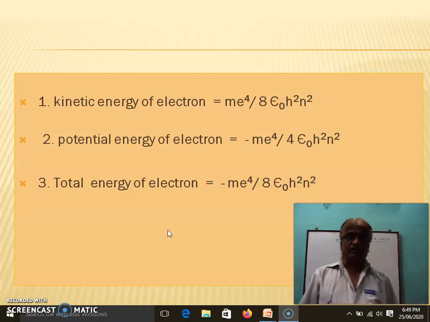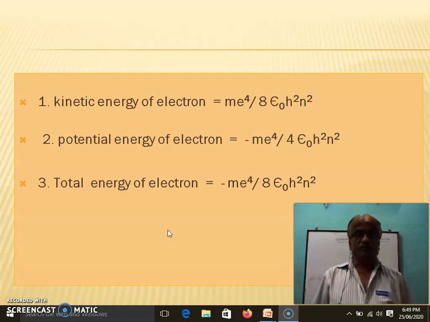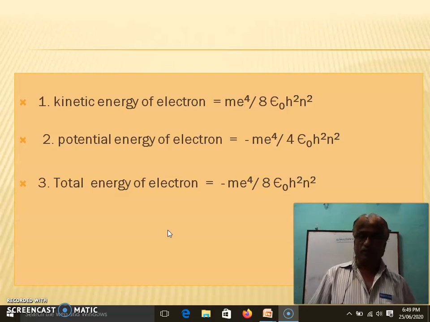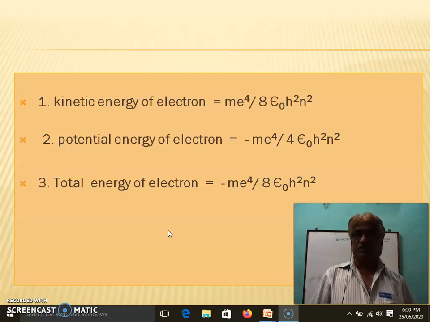In the Bohr series of hydrogen atoms, we want to determine the energy of the electron. There are two types of energy: kinetic energy and potential energy. The summation of these two energies gives the total energy of the electron.